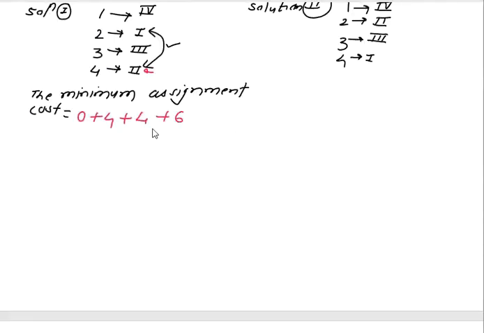So total assignment cost is 14. Let us calculate the minimum assignment cost for the second solution. You will get the same cost.